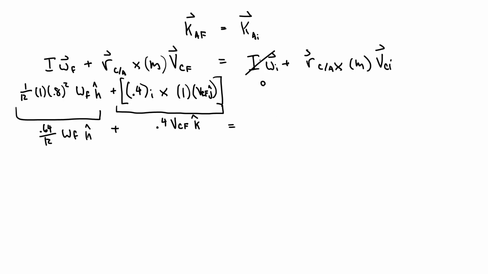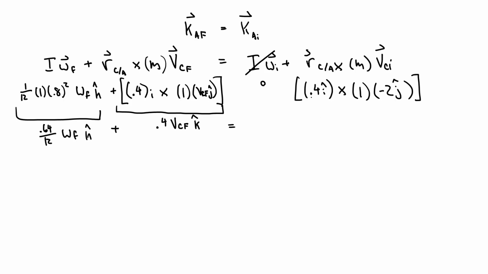And so all of this is equal to, this piece is 0, like I said. So my R cross F piece, so R is again going to be 0.4 I crossed with 1 times initially it is -2 in the j hat direction.